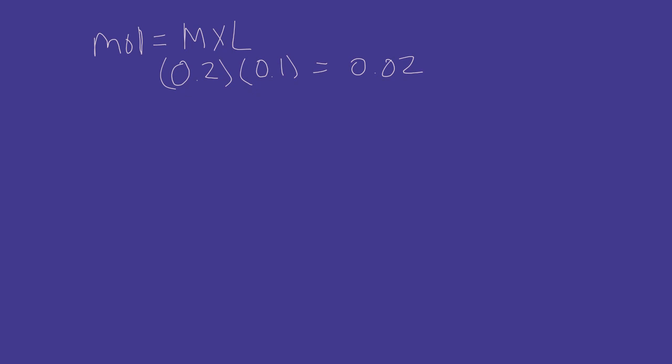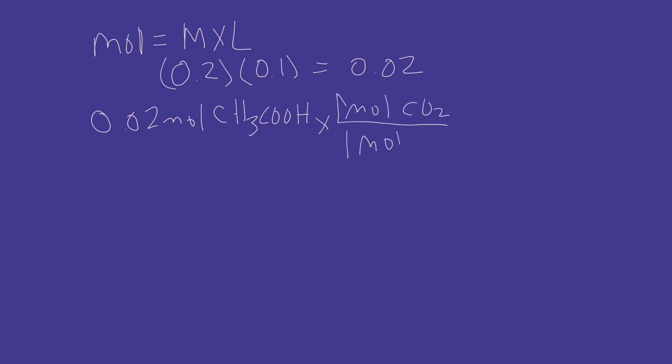So I'm going to say 0.02 moles of CH3COOH times, there's 1 mole of CO2 for every 1 mole of CH3COOH. And it doesn't matter which product you choose. You could have chosen any of them. So this is going to equal 0.02 moles.